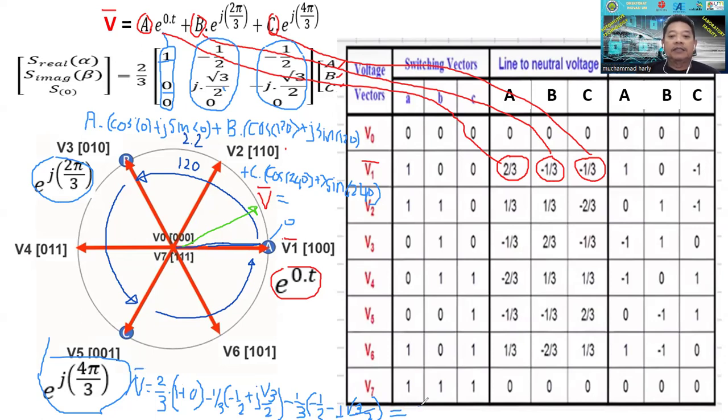And maybe the result is 2/3 with the precision. 2/3 position of what? E0 P.